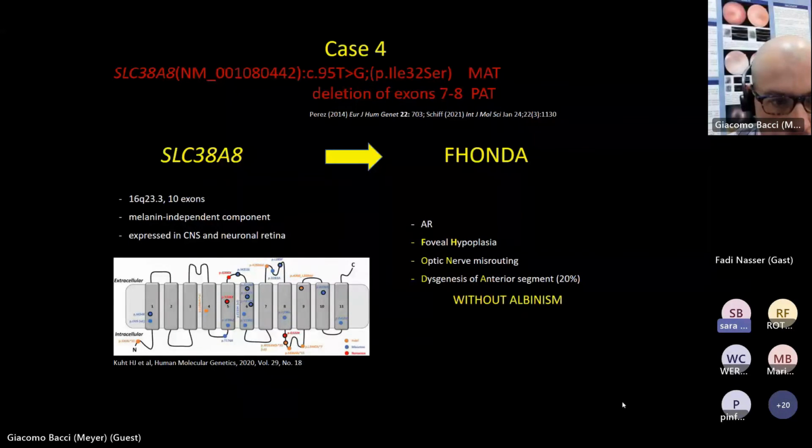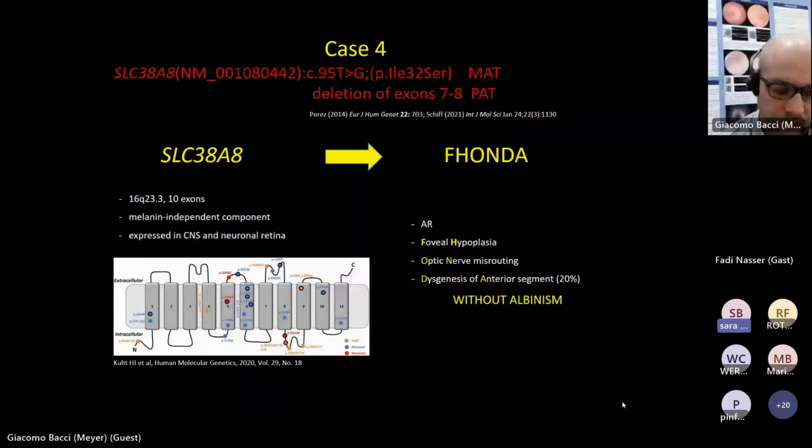And the phenotype that is associated with this gene is summed up by the acronym FONDA, that stands for foveal hypoplasia, optic nerve misrouting, and in more or less 20% of the patients also possible anterior segment dysgenesis in the form of Axenfeld-Rieger anomaly or endotheliitis, without any signs of albinism, because as we said, it is part of the melanin independent pathway.